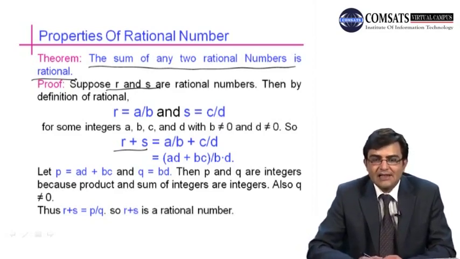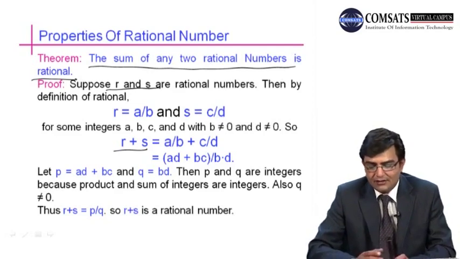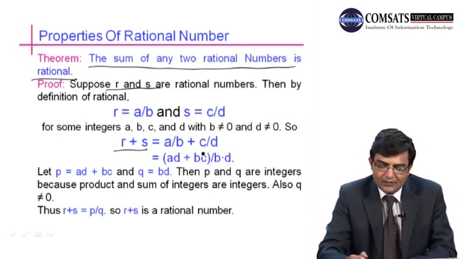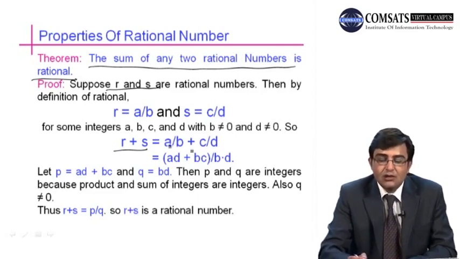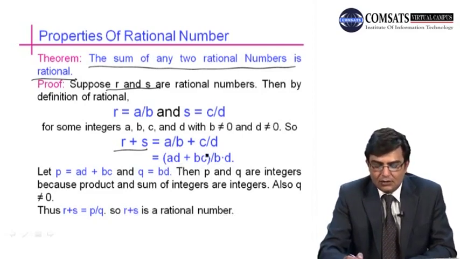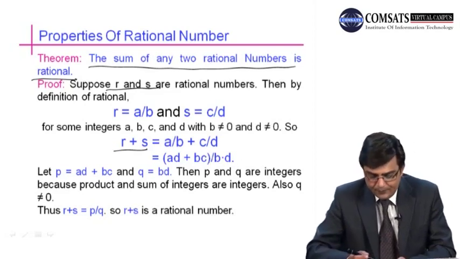We take the LCM of the numbers which are in the denominator, and I hope you know how we add these two quotient numbers. We take the LCM BD. Here we have AD plus BC, so this whole divided by BD.